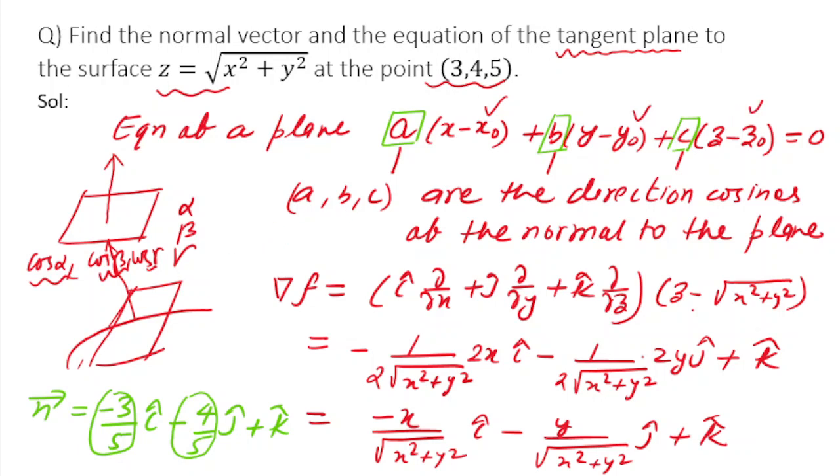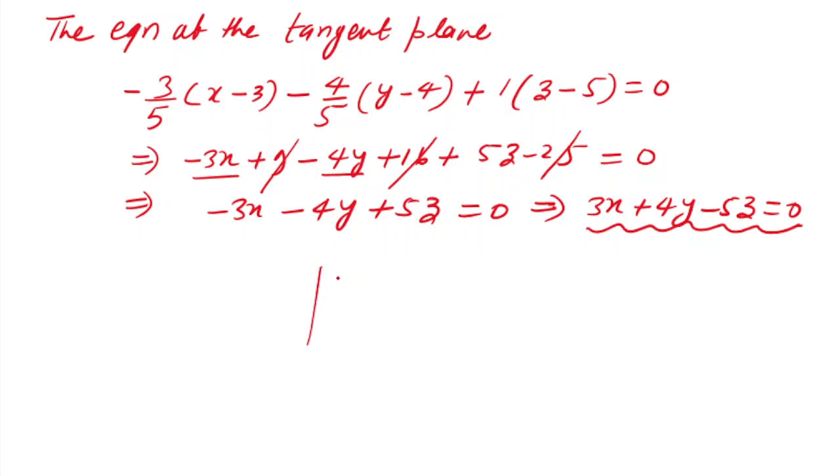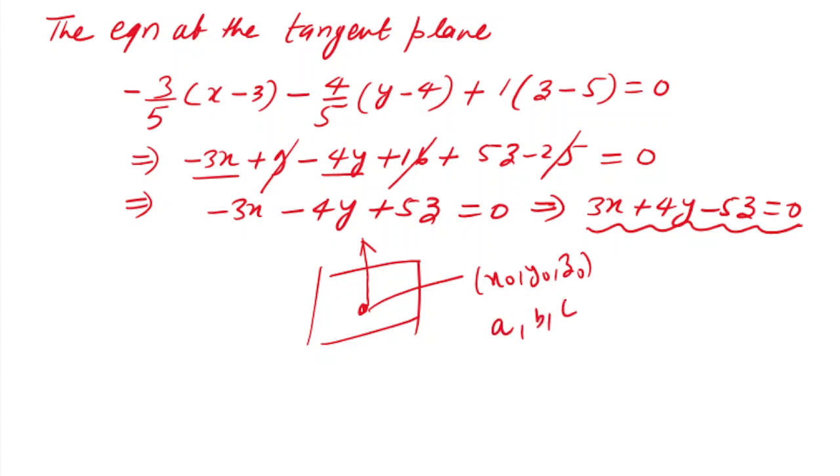So suppose we have to find the equation of a plane, and we know that there is a point in the plane, that point is given by x naught, y naught, and z naught. And if you drop a perpendicular or normal to the plane, that will give us the direction cosine or direction ratio. So A, B, C are either direction cosine or direction ratio. I hope you understand the difference between them.